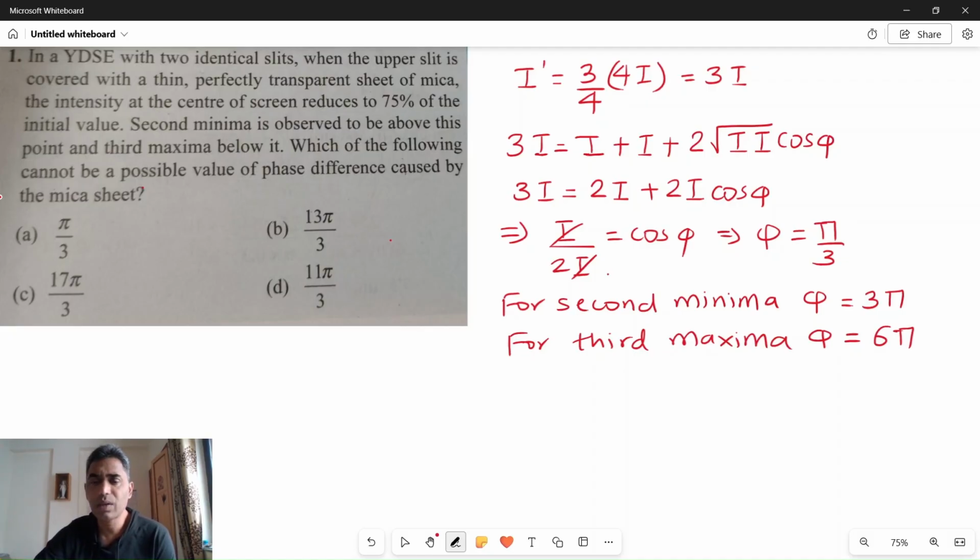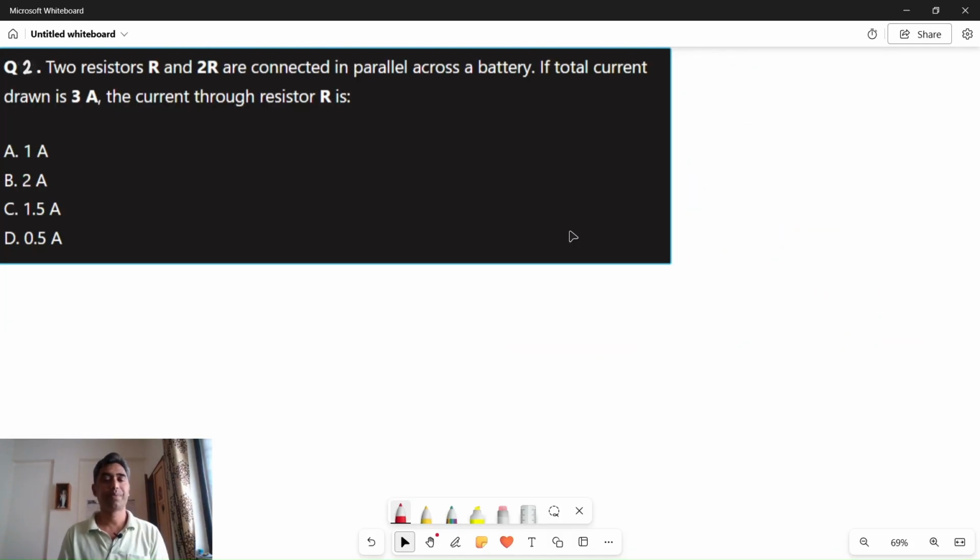So this value should lie between 3 pi and 6 pi, but it is not lying. Therefore, which of the following cannot be a possible value of the phase difference? It is this, pi by 3. It does not lie between these two. Okay, we'll see another question.